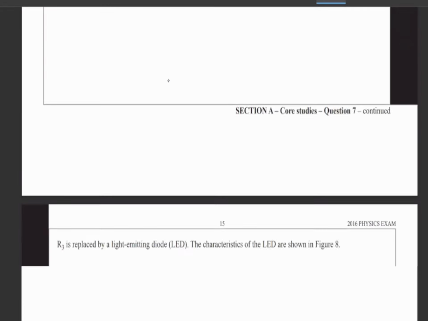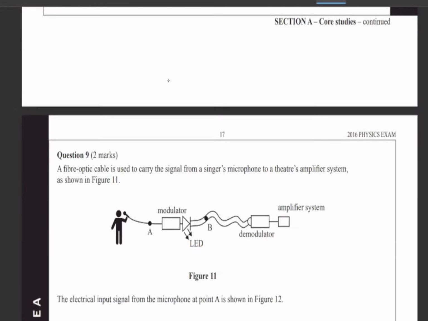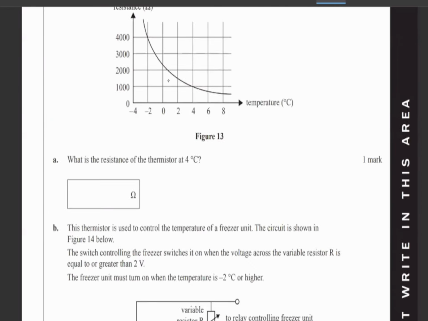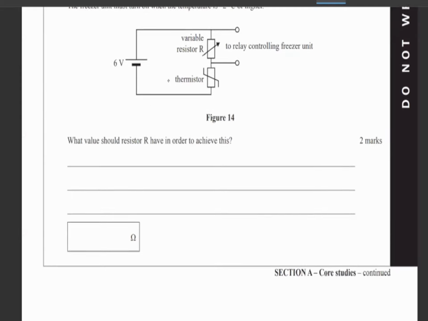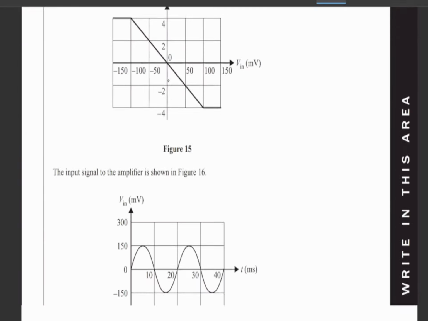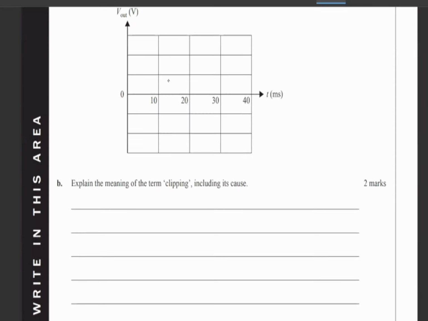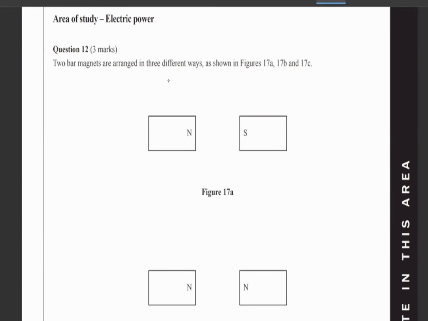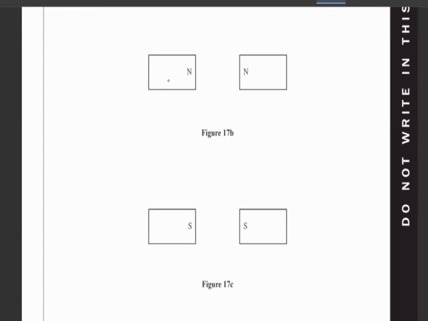Next part. Oh, there we go. So, oh yeah, the field lines at the North Pole are always outward, so it's going to go out and into the South Pole. How many lines?